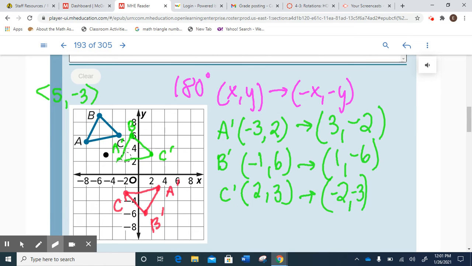All right. So the first thing we had to do, step number 1, was to slide it. So we went from the blue triangle to the green triangle. Then we went ahead and did the 180 flip. So when you compare the green and the red, that looks like a 180 around that middle point.